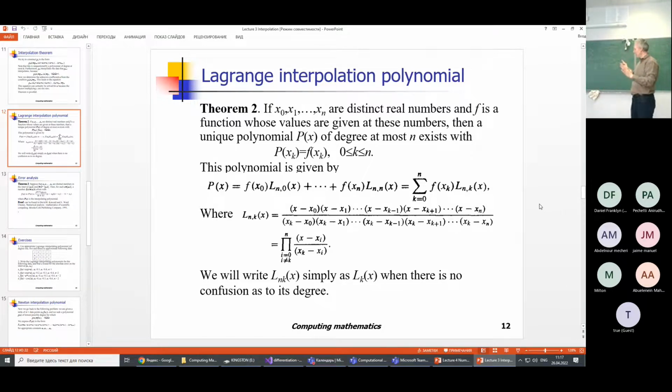Okay. This is the formula for the polynomial.